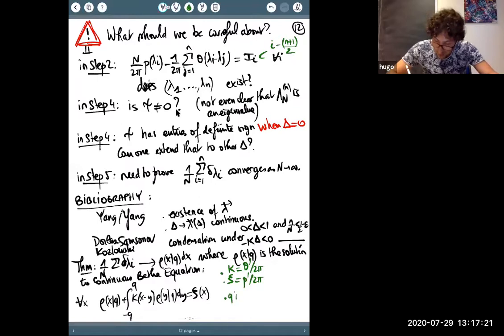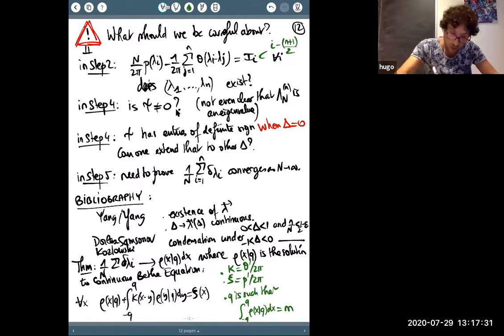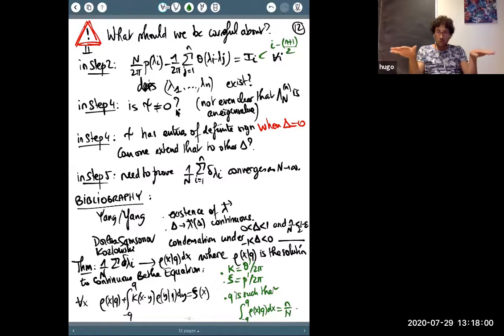So q is such that the integral between minus q and q of rho of x knowing q dx is small n over capital N. So what do I mean by that? If small n over capital N is far away from 1/2, then 1 over N times the sum of the delta lambda I, the empirical measure, the point measure, is very close to a continuous measure, rho x q dx, where rho x q is solving an equation.